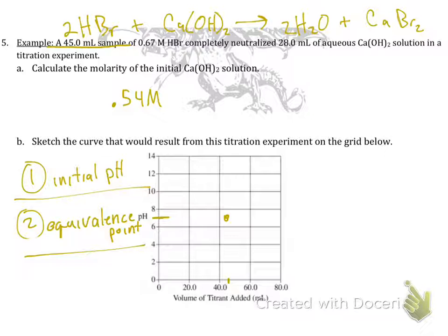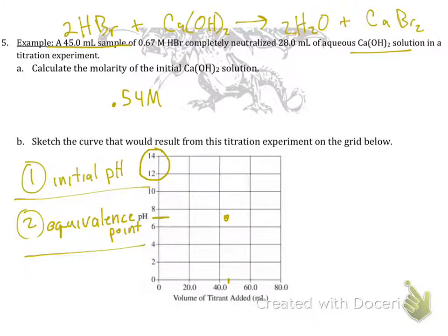Now, the other thing we want to talk about is the initial pH. What is the initial pH of the unknown? Well, the unknown is the calcium hydroxide, which is a base. So we know that it's going to be a basic solution. That means the curve is going to start up here somewhere. Now, the known concentration that we have is that of the acid. And as we proceed with the curve, we're going to end up somewhere down here.